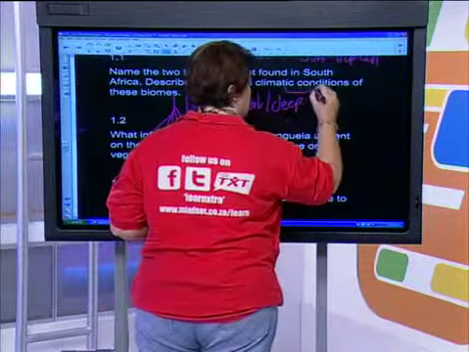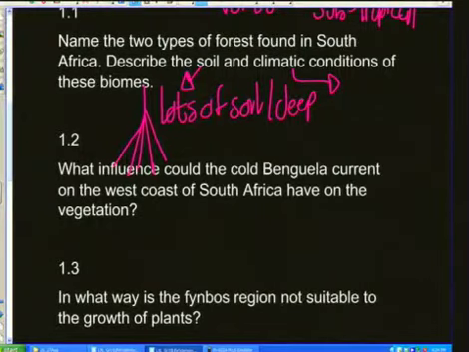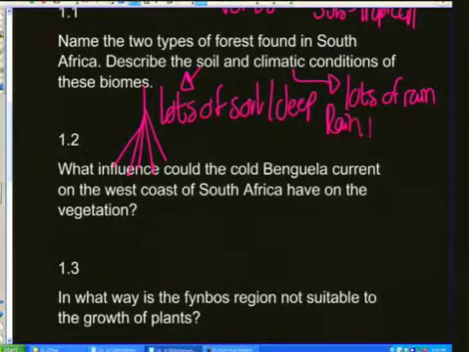Climatic conditions, what was it? Lots of rain, and it's rain throughout the year. You can have lots of rain in just one season, but it rains throughout the year, so we have this constant water supply. What do trees need?